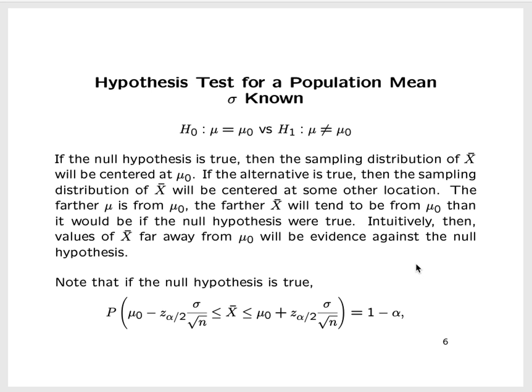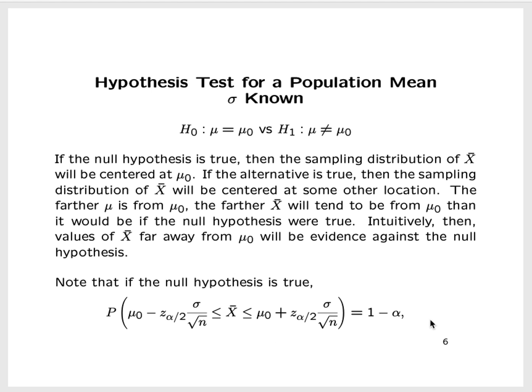Now, note that if the null hypothesis is true, then the probability that x bar is between this lower endpoint and this upper endpoint will be equal to 1 minus alpha. If you think back to the previous lecture video, where we wrapped up the general principles of statistical inference, we looked at a probability like this.